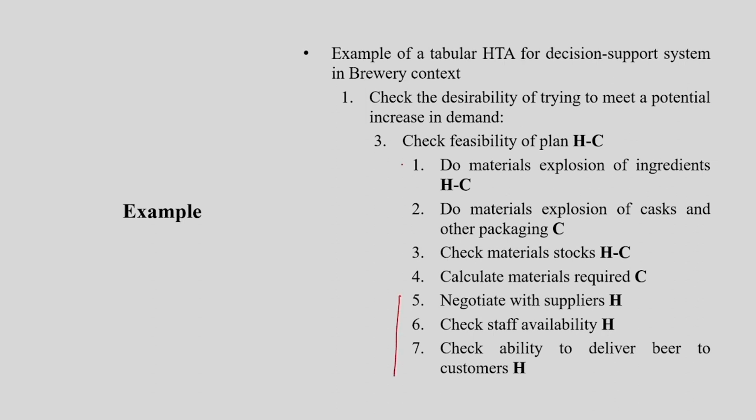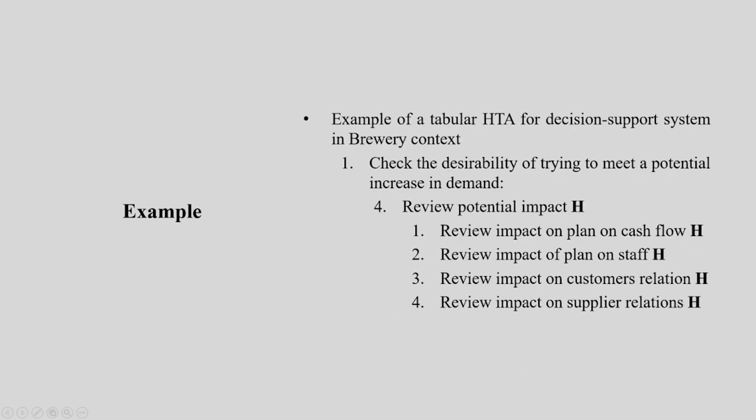So if you check the whole process, you can see human is more powerful here, right? Now in the next part where the review comes, all are human. So human has to take the major role. Any review, any impact analysis has to be done by the human.